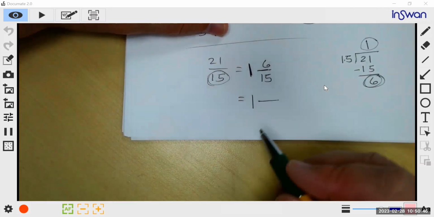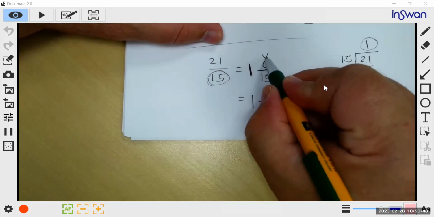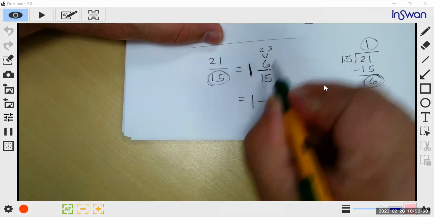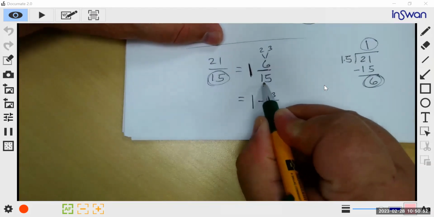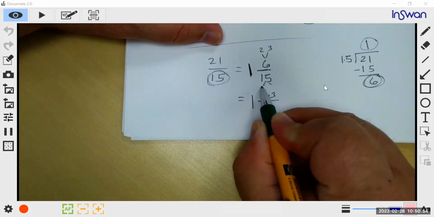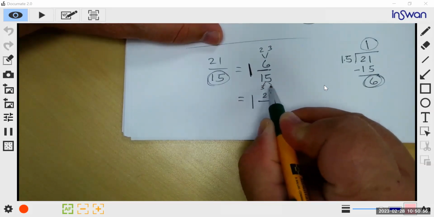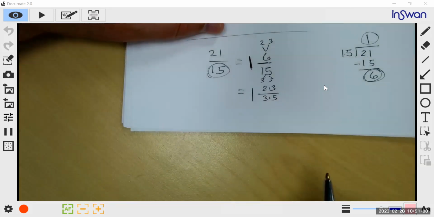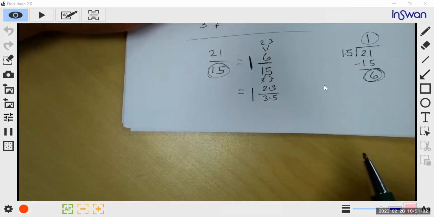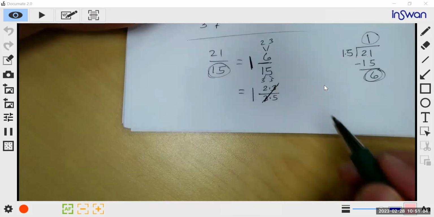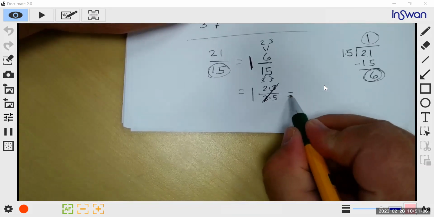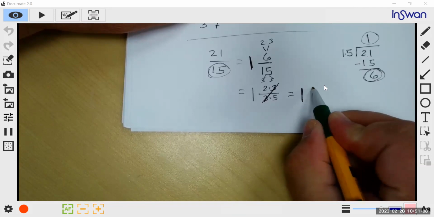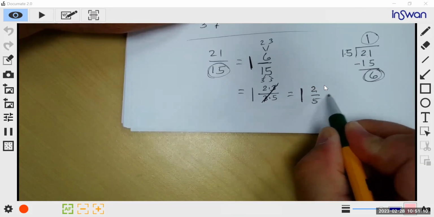What is 6 made up of? 2 times 3. And 15? 3 times 5. Anything cancel? The 3's. What I'm left with is 1 and 2 over 5.